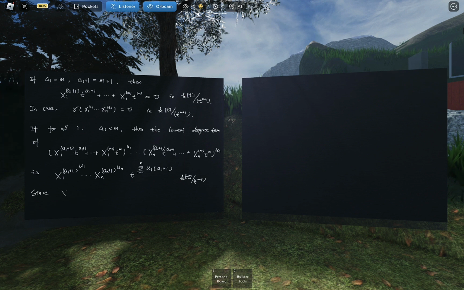So since the coefficient is non-zero, by the way we choose this ai, we know the degree of this term has to be greater than or equal to n plus 1. Does this make sense?